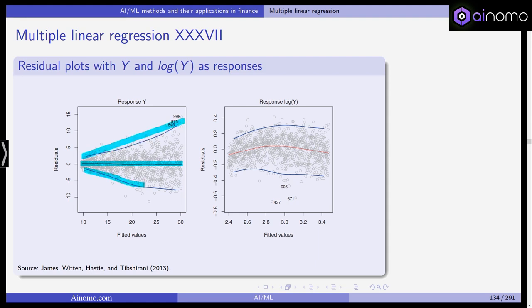And this is what you can see from this funnel shape of the residuals, in contrast to the one you see on the right. Now, in the left plot, we clearly have the problem of heteroscedasticity. The variance of our residuals, of the error term in the data, increases from left to right.